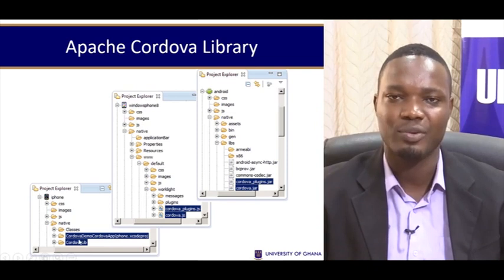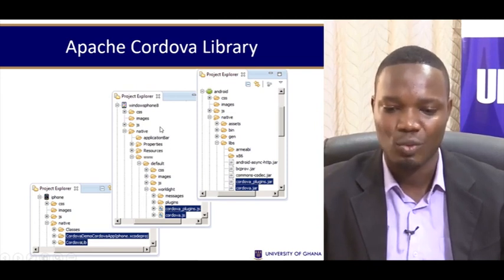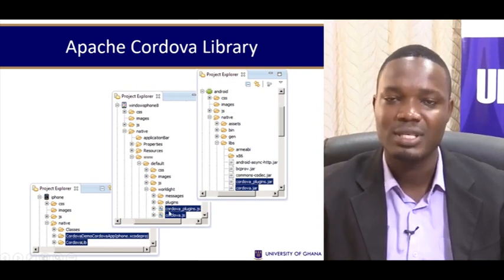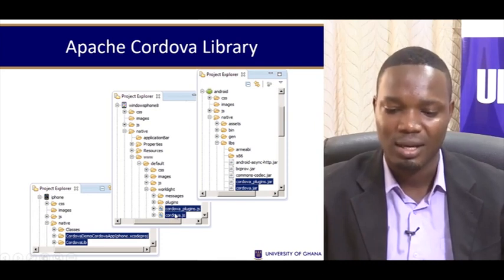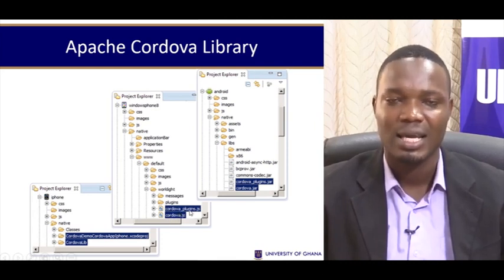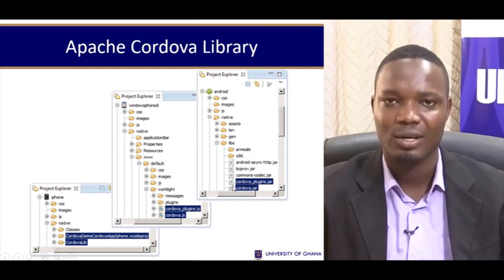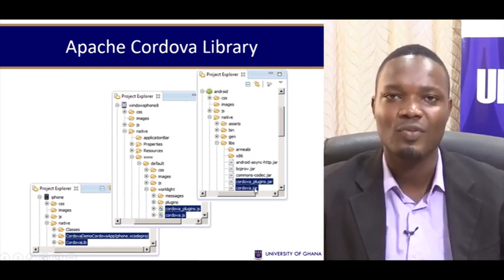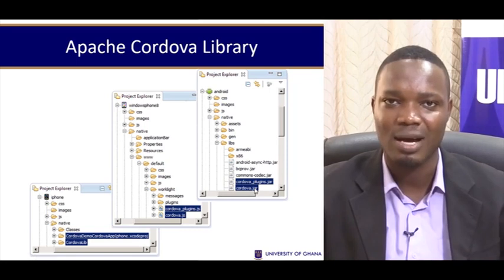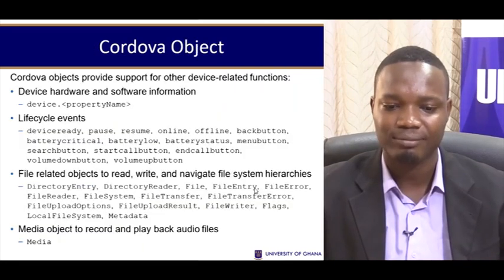That's where the library resides. When we come to the Windows Phone project, you would see a similar version, Cordova plugins.js, and then the Cordova.js. And finally, for the Android platform, you are going to see the Cordova plugin.jar and then the Cordova.jar. So Cordova is actively involved in our Worklight project.